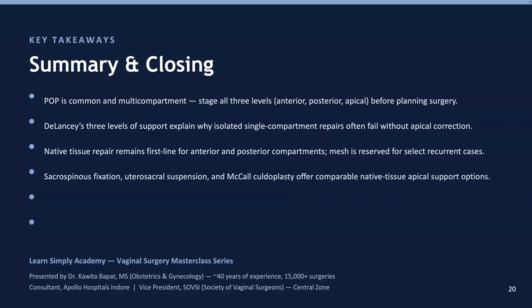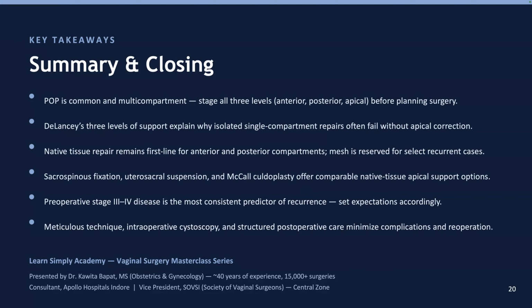Sacrospinous fixation, uterosacral suspension, and McCall culdoplasty are options with comparable native tissue outcomes. Preoperative stage 3 and 4 disease is the most consistent predictor of recurrence. Set expectations accordingly. Meticulous technique, intraoperative cystoscopy, and structured postoperative care minimize complications and reoperation.